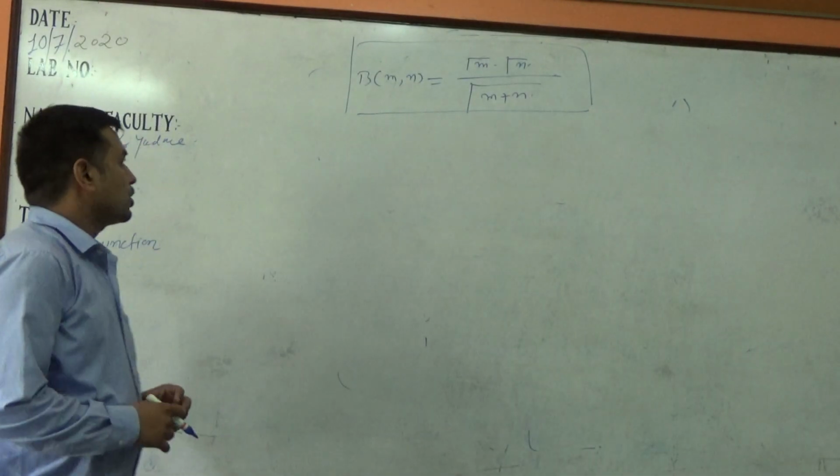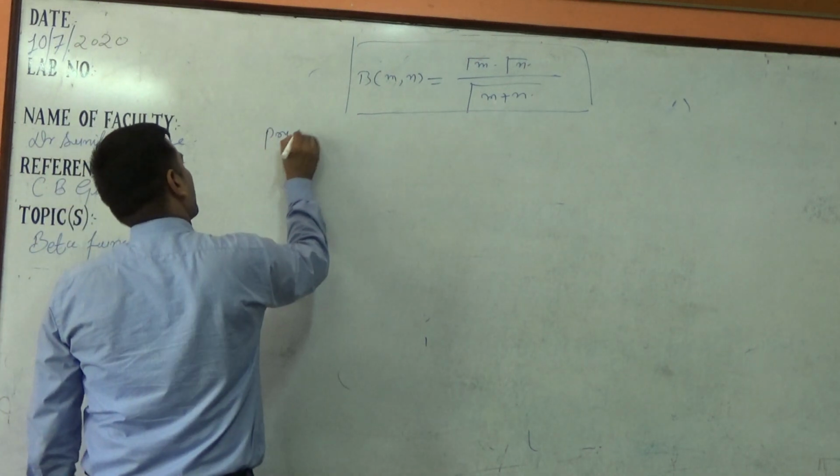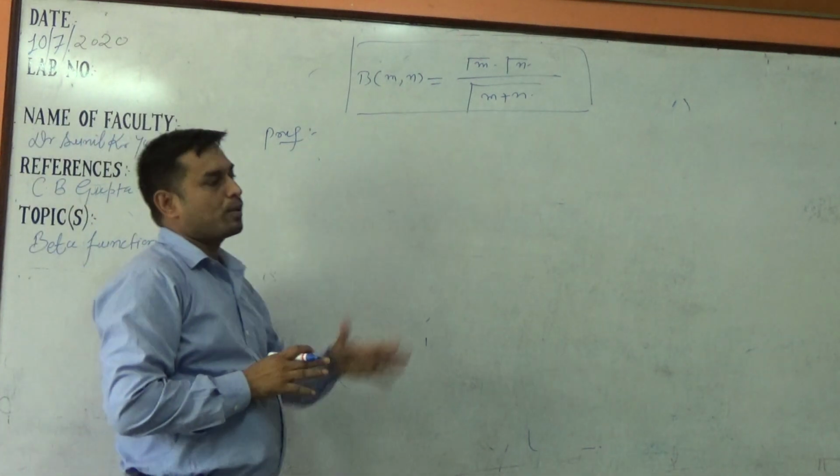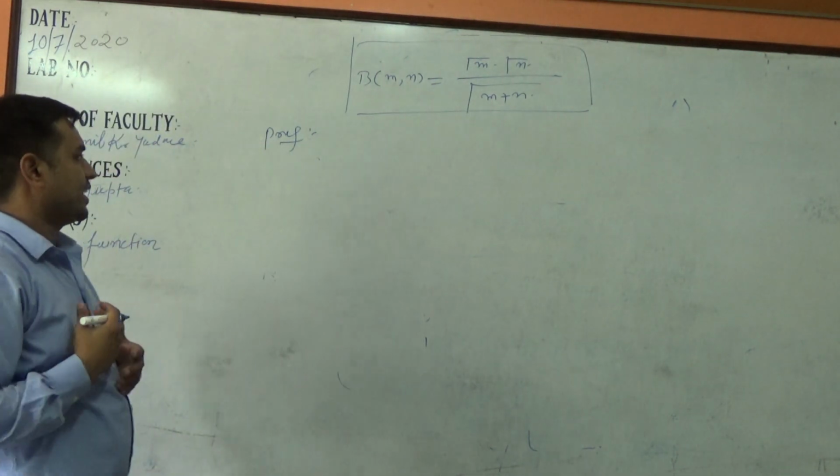Then we want to prove it. Proof. In order to prove this property, we will use the previous result.